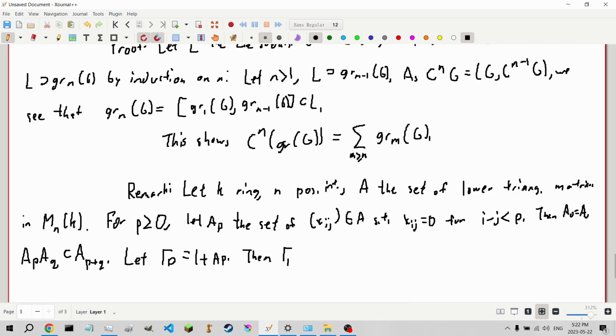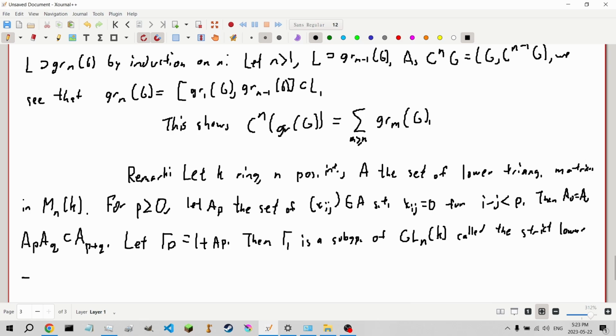Then gamma 1 is a subgroup of the general linear group of n dimensions on K, called the strict lower triangular group of order n over K.